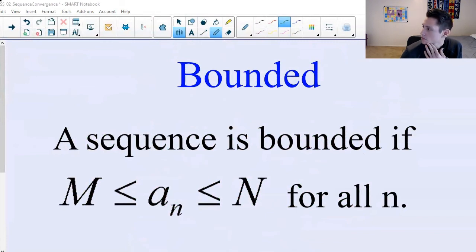I think technically a horizontal line function is monotonic.